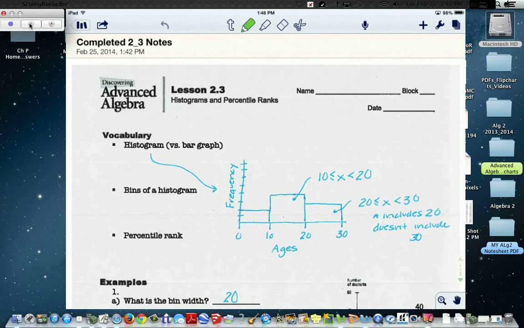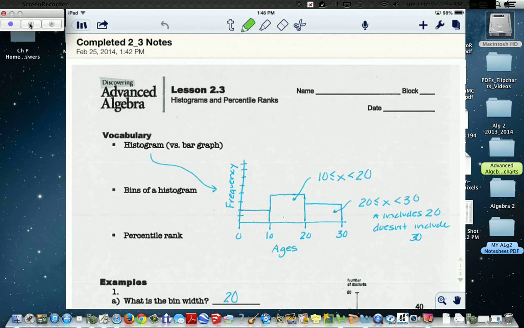The 2.3 lecture for Algebra 2 introduces histograms. And the difference with histograms and bar graphs would be, for example, histograms would be more of a continuous set of numbers. So if you look at the histogram we've drawn here, we're doing ages across the x-axis and then frequency going up.